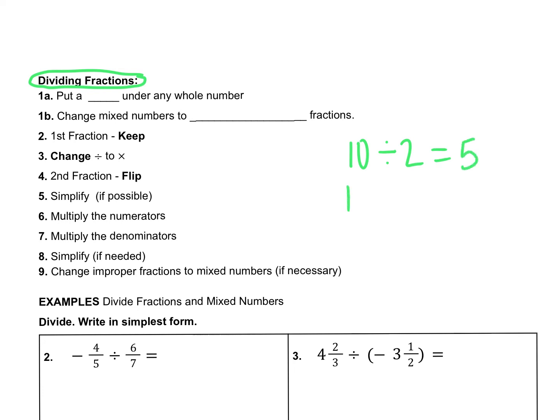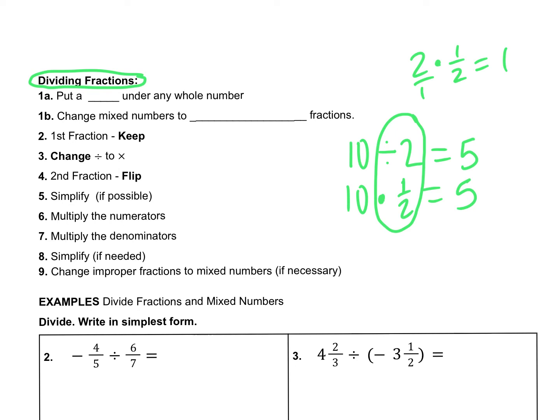I could also say that as half of 10 is 5. So if you notice, we're using the same digit in part of it as a fraction. Notice that 1/2 is the multiplicative inverse or reciprocal of 2. That's also true. Say I wanted to divide 8 by 4, I'd get 2. If I multiply 8 by 1/4, I also get 2.